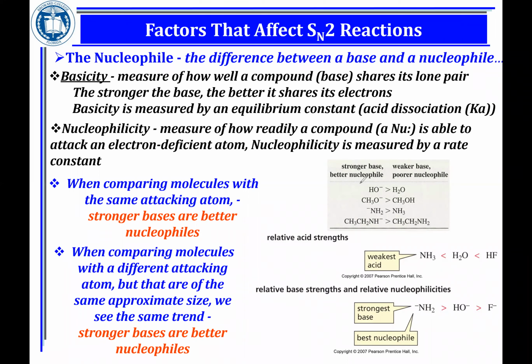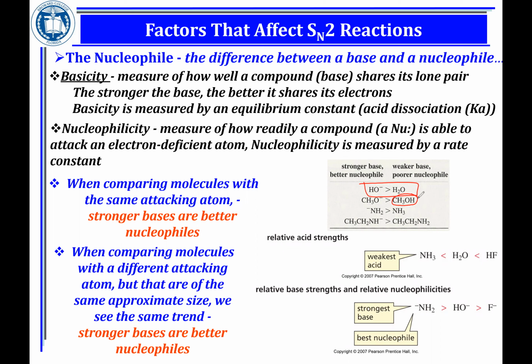Let's say you're comparing water with hydroxide. Which one is more aggressive? Hydroxide is a better nucleophile compared to H2O. H2O is a weak nucleophile. Alcohol is not a good nucleophile. It's a very weak nucleophile because it's stable on its own. It doesn't have to go and react with something else.